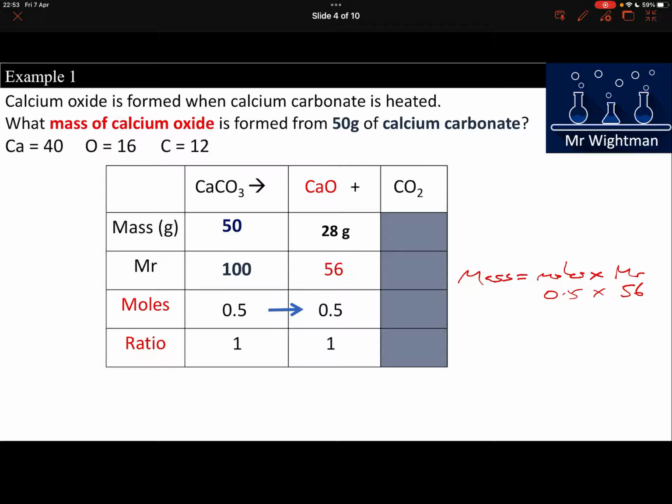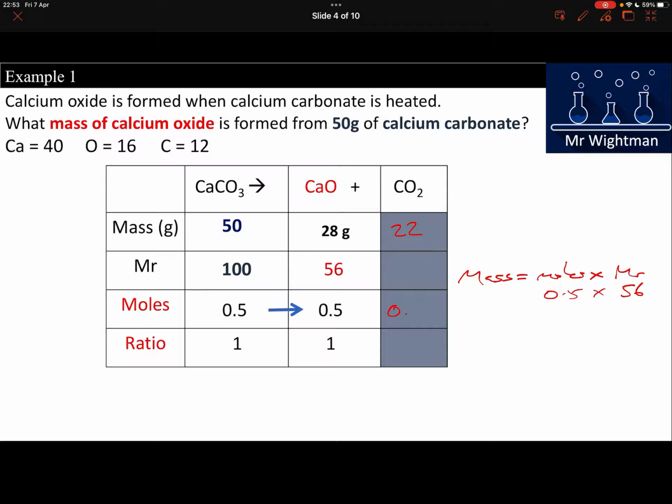Appreciating that mass cannot be created nor destroyed, then technically I can work out carbon dioxide. So if I have 50 grams as reactants, then 50 take away 28 will present me with CO2. So just to show you that I can work this out either way, this would be 22 grams.